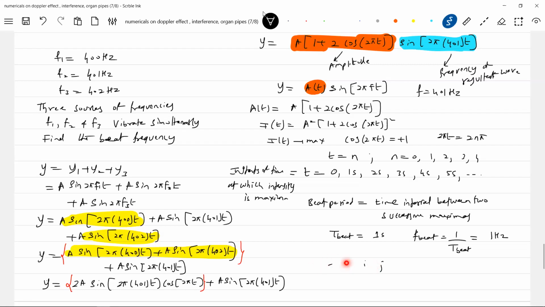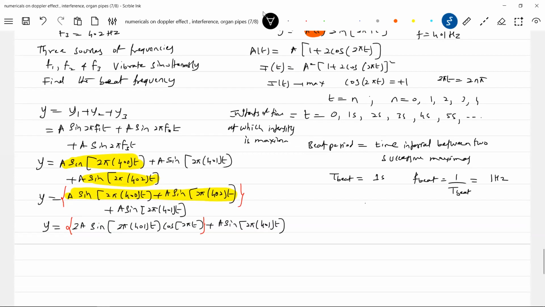I think I'll go to the next page. For I of t to be minimum, cos 2 pi t should be equal to -1. If it is equal to -1, then it will become 0. Cos 2 pi t to be -1, any general solution?